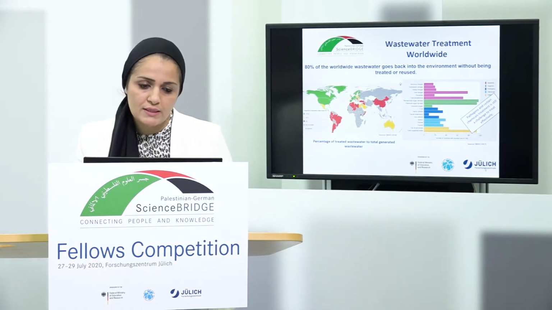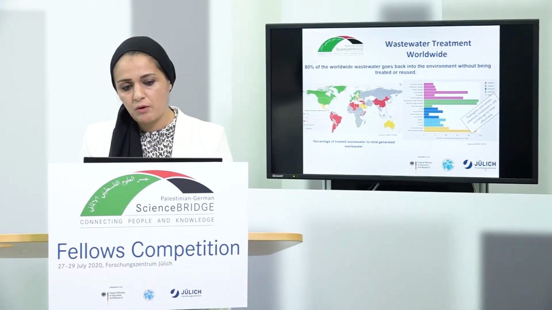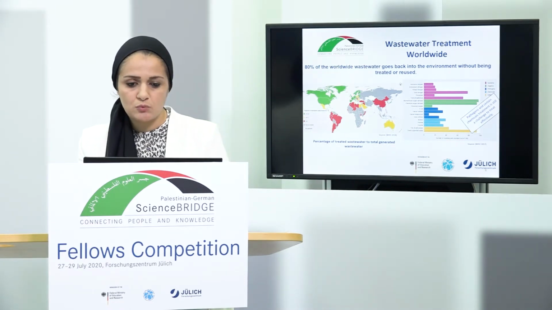The other countries in red color have less than 50%, and are concentrated in Latin America, North Africa, and China. So we see that the world is still lagging behind in treating its wastewater.